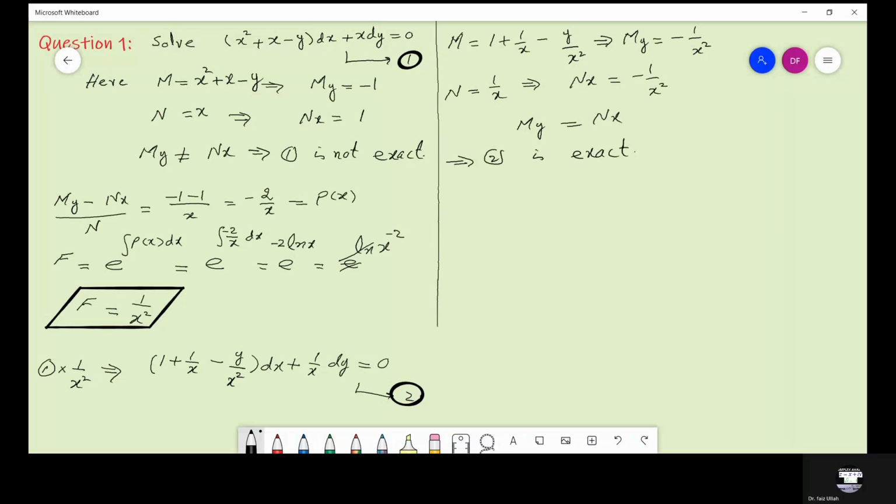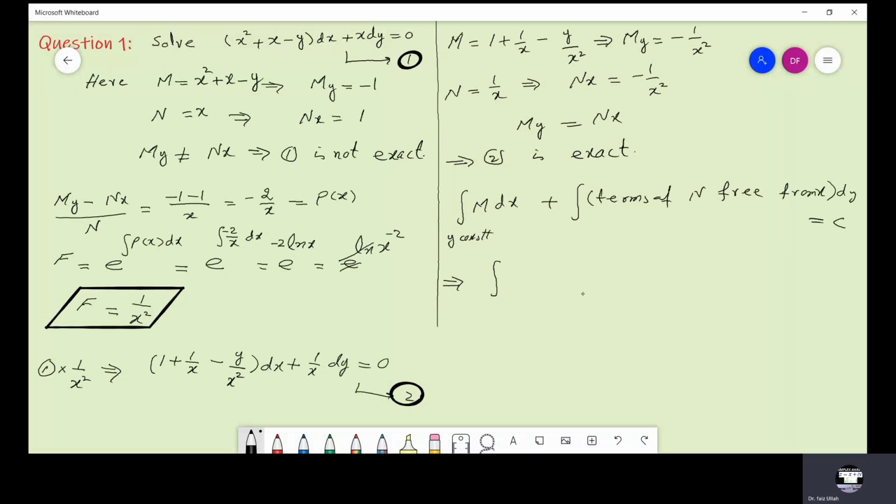So now we can use the formula: integration of m dx keeping y constant, plus integration of only those terms of n which are free from x into dy, is equal to c. Let us put values in this formula.